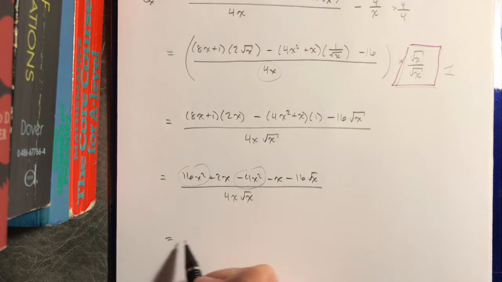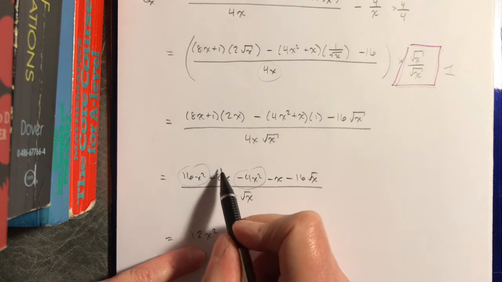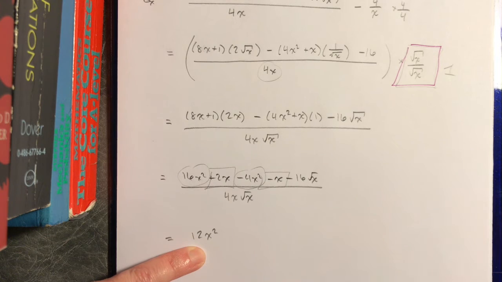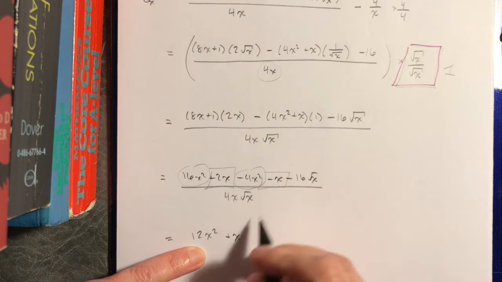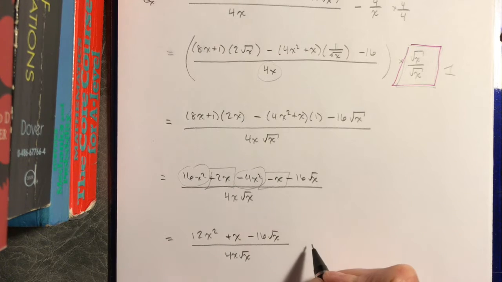That's going to give me 12x squared. Hooray, that's what I was aiming for. I've got plus 2x, subtract x. That's going to give me an add x. That's 4 terms dealt with. Subtract 16 root x all over 4x root x, and I'm home. That's what they wanted me to get.